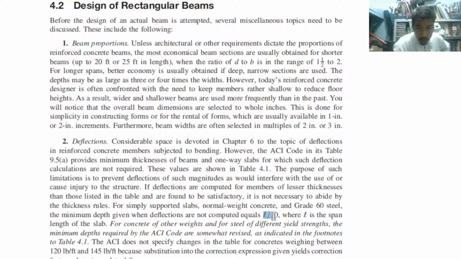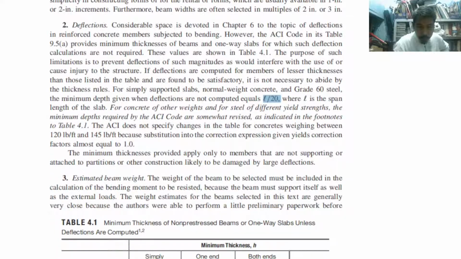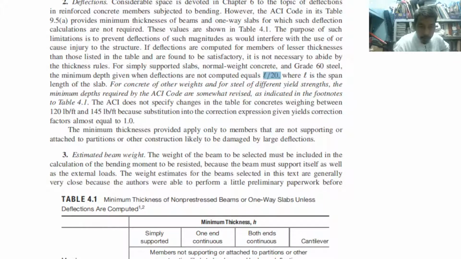Deflection, we can use this table. So we can use the table L over 20. Please use this table for deflection. Minimum thickness. For simply supported beam, L over 20.